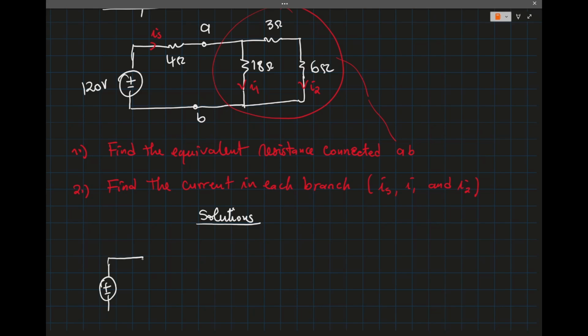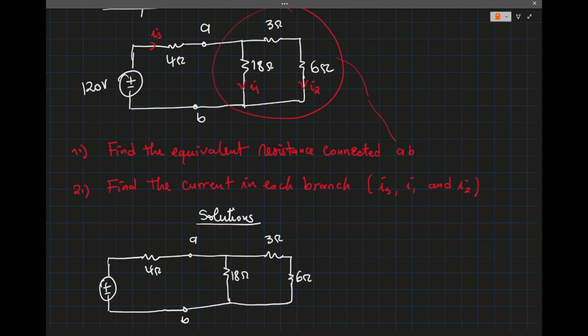So I have the 4 ohms resistor, then I have A and B, and we have the 18 ohms, and then we have 3 ohms, we have 6 ohms.